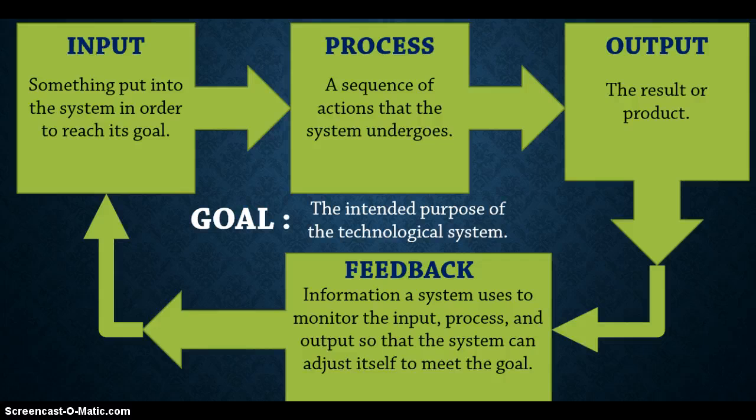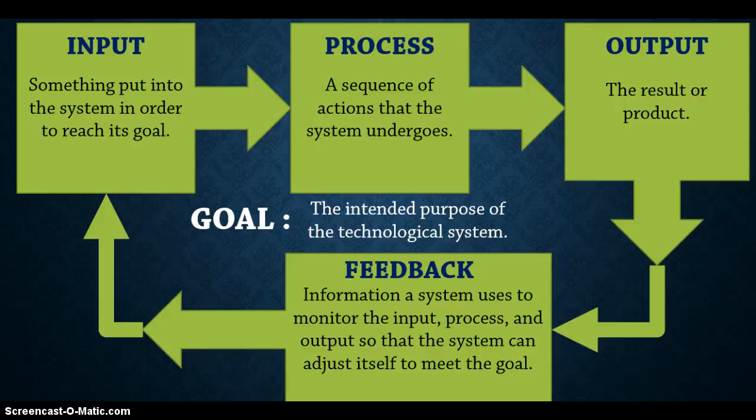But feedback is really any information that we've been able to glean so that we can go back and say, what inputs are really necessary? Do we have too many inputs in there? Maybe we need to take some out. Maybe some are wrong. Maybe we need to replace them with different inputs. Maybe the inputs are fine and we have to look at the process.